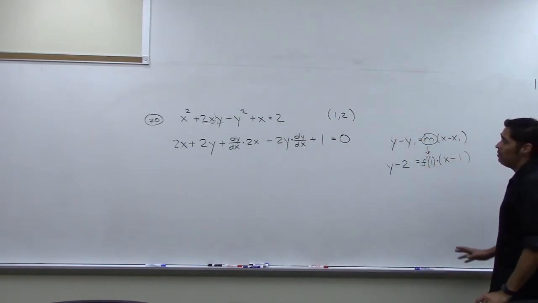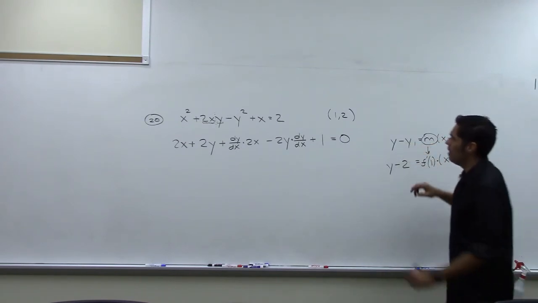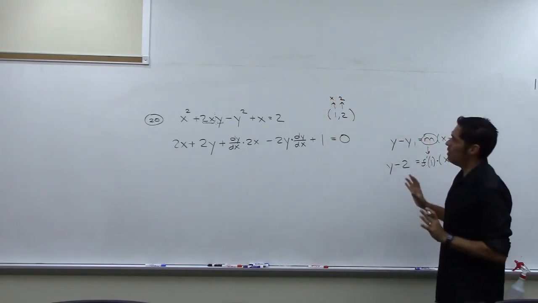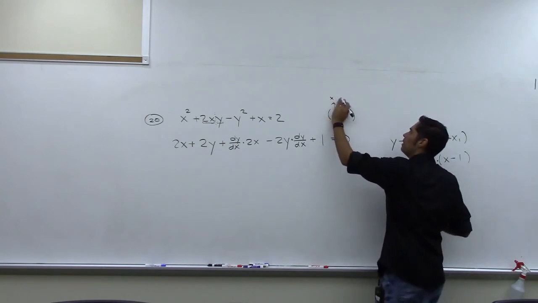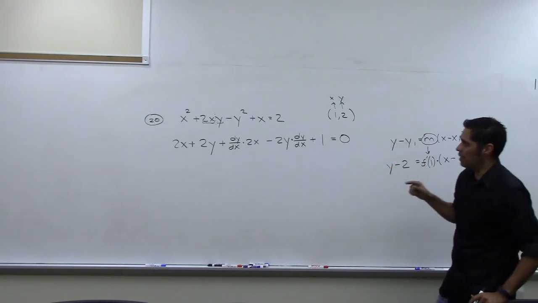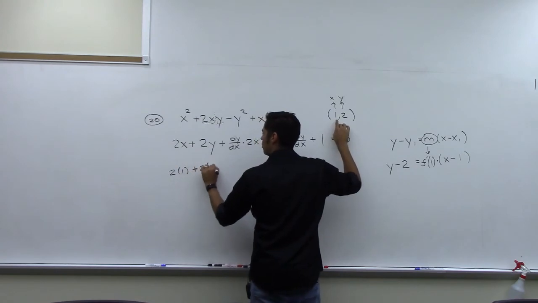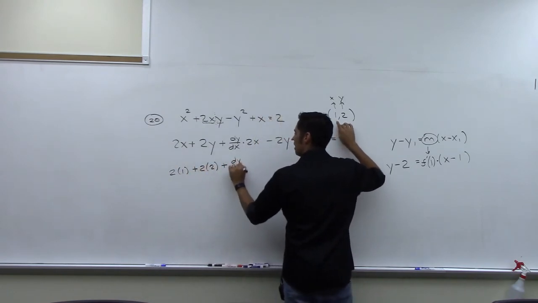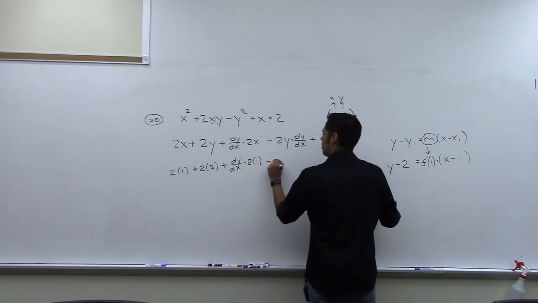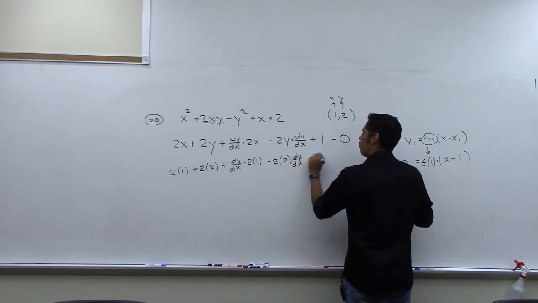So what I could do now is try and solve for dy dx. But because I actually am looking at a specific point, if I replace my x's with 1 and my y's with 2, I should have a nice equation for the derivative at that point. So this is going to become 2 times 1 plus 2 times 2 plus dy dx times 2 times x, which is 1, minus 2 times y, which is 2, dy dx plus 1 must equal 0.